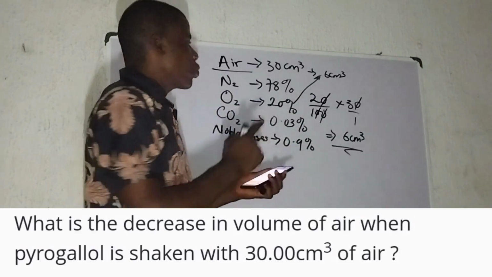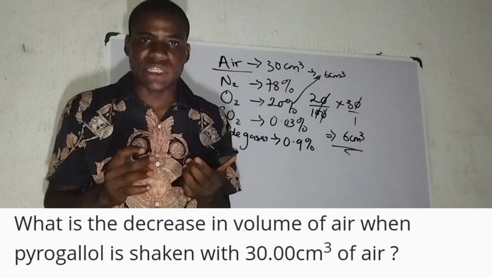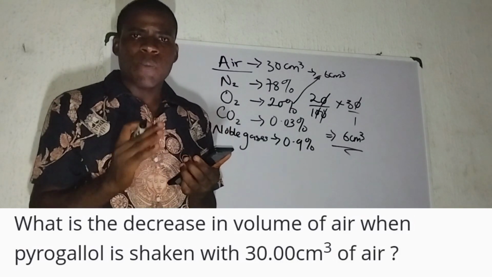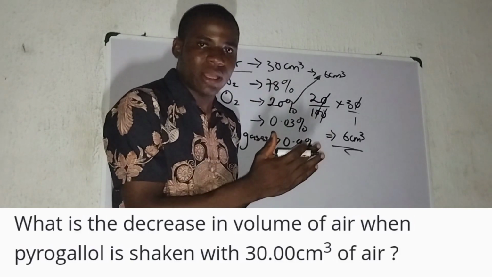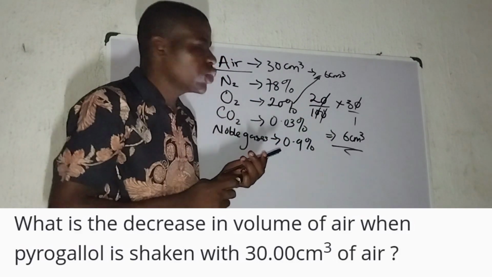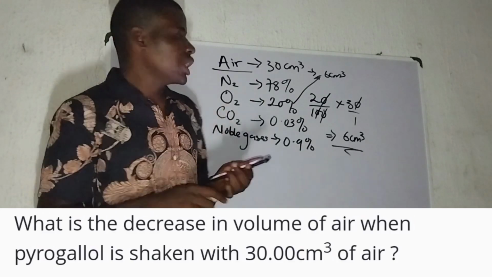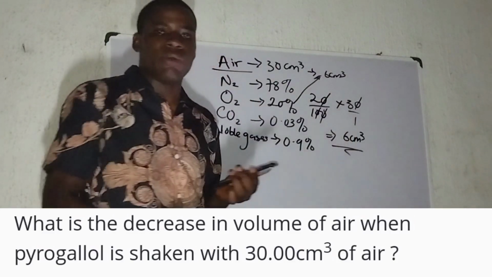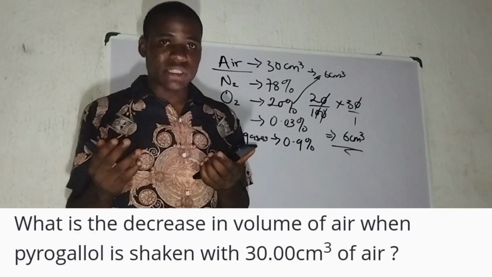Remember that I told you we can consider 21%, but now I'm considering 20%. So when you pass alkaline pyrogallol or heated copper, it removes oxygen from air. Our answer in this question is 6 cm cube, or 6 cubic centimeter. Does it make sense?